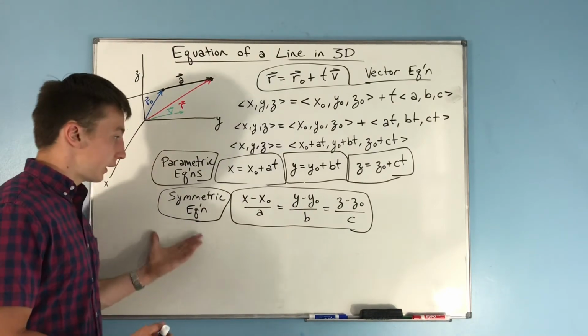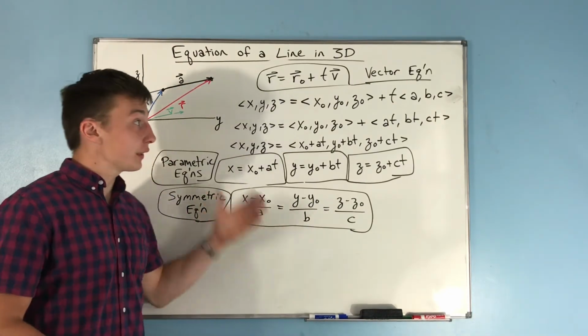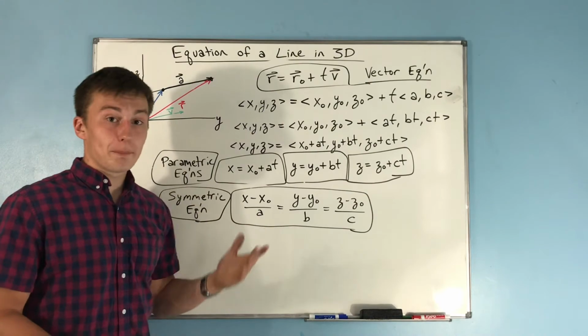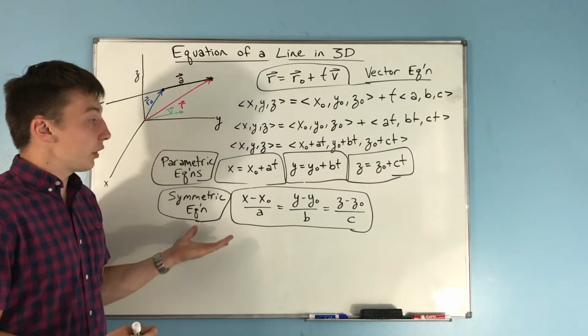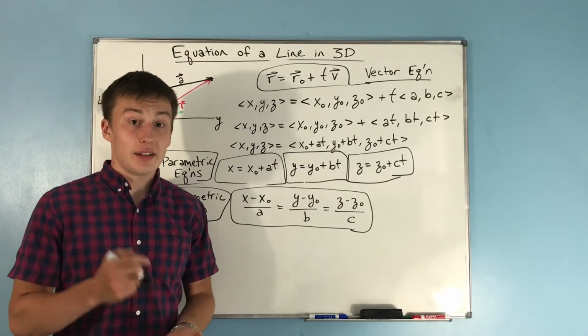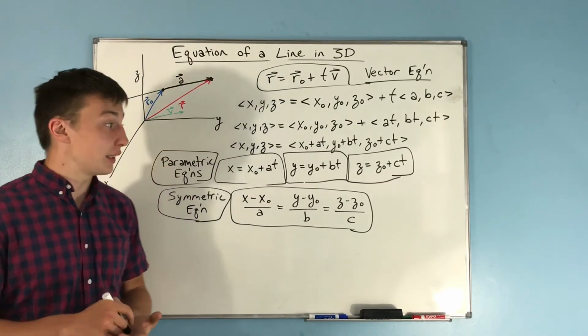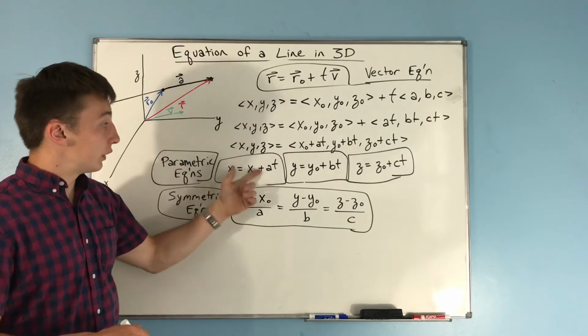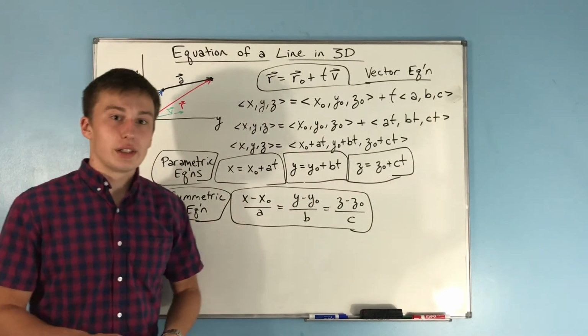That's how you get your symmetric equations. So this is all stuff that we've dealt with before. Understand the process, and don't try to just memorize all this, because I guarantee that understanding the process is going to be a ton easier than trying to memorize 1, 2, 3, 4, 5 equations.